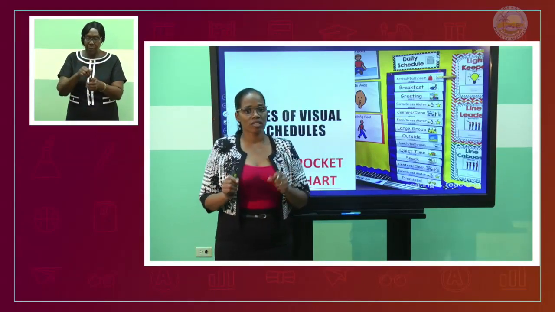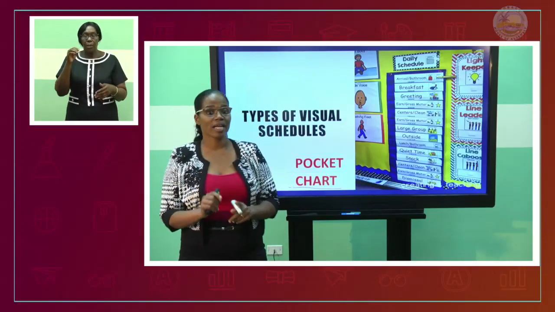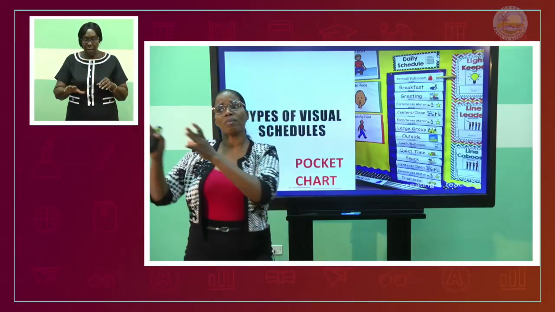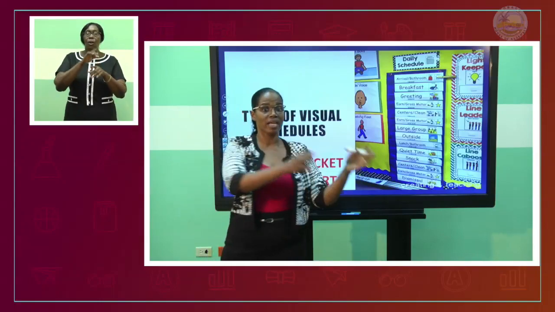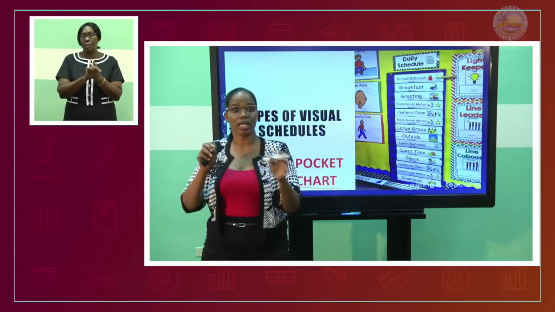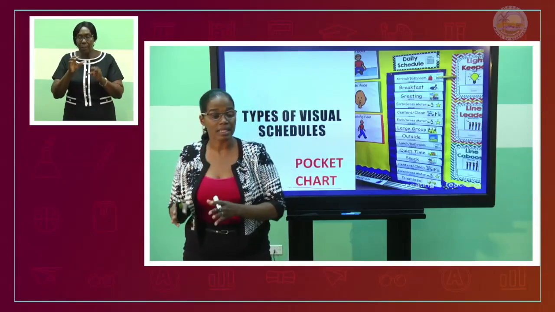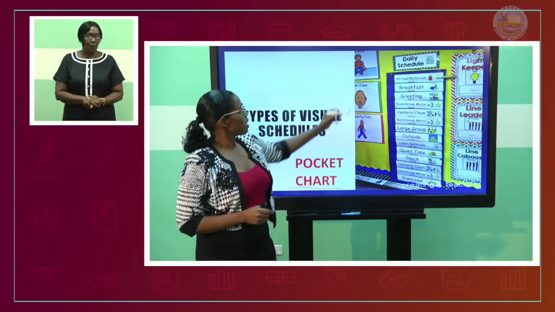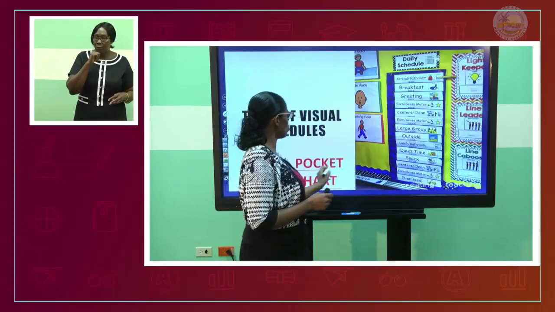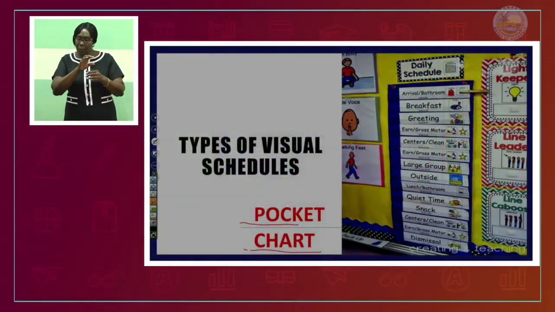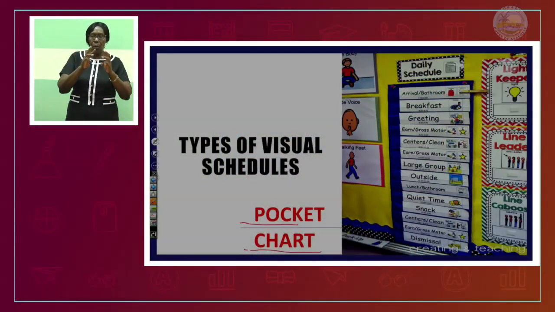So the visual schedule should be where the child can see it. So you can maybe put it on the fridge. If the dining room table is next to the fridge or the area that they can see, you put it where they can see it. All right, so you may not have your pocket chart, but you may have a door or a wall. So you can have a chart and you can put all the areas.